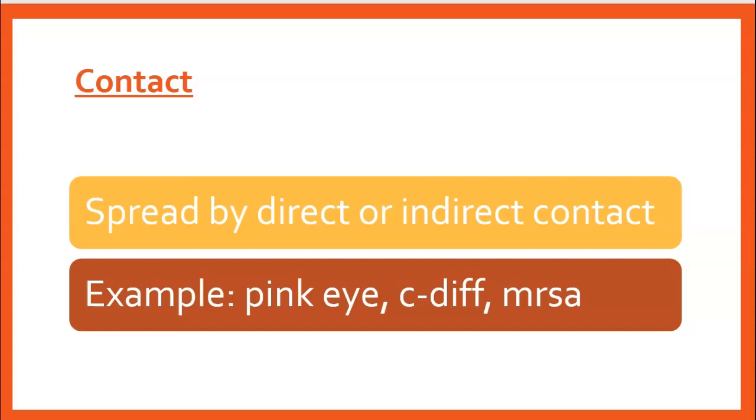Or the person with pink eye can touch the railing on their bed after they rub their eye. You can touch the railing on the bed and then rub your eye and have pink eye.